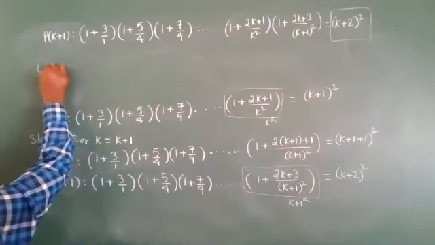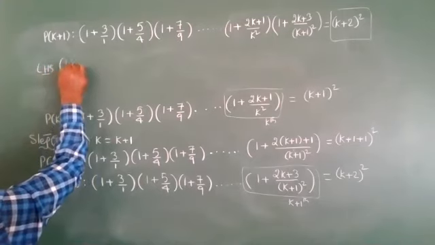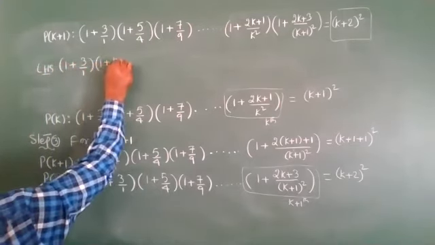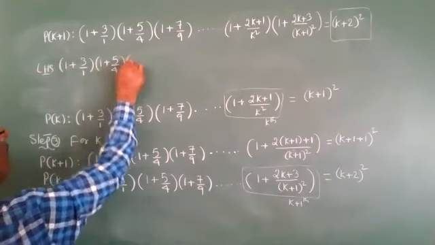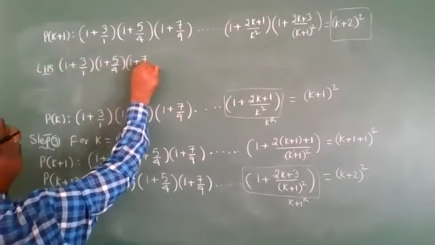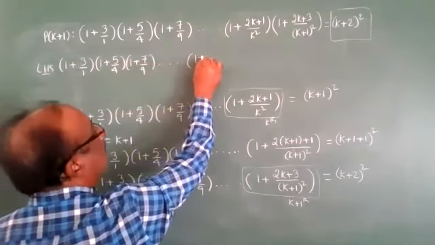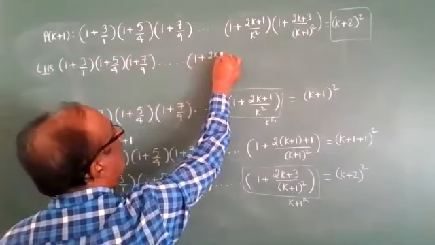Left hand side is first bracket into second bracket into third bracket, dotted, dotted, kth bracket (2k plus 1) by k square.